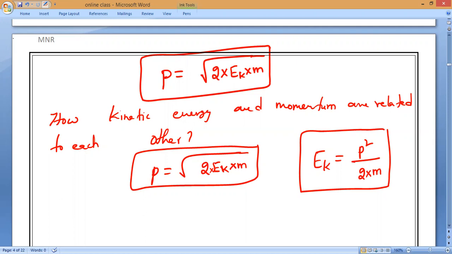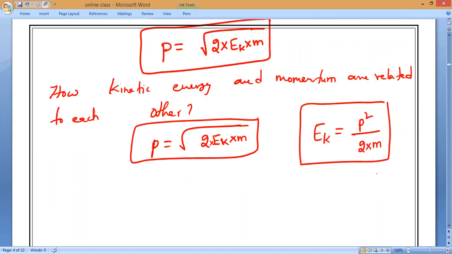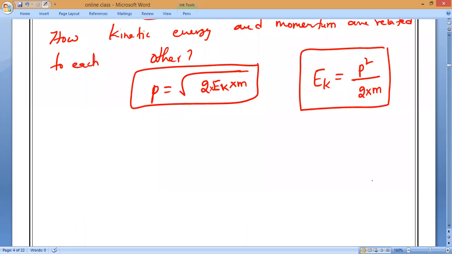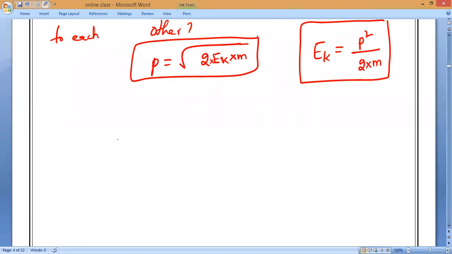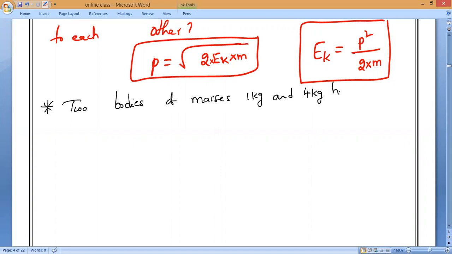Now, based upon this formula, let us solve one question. Two bodies of masses 1 kg and 4 kg have equal momentum.